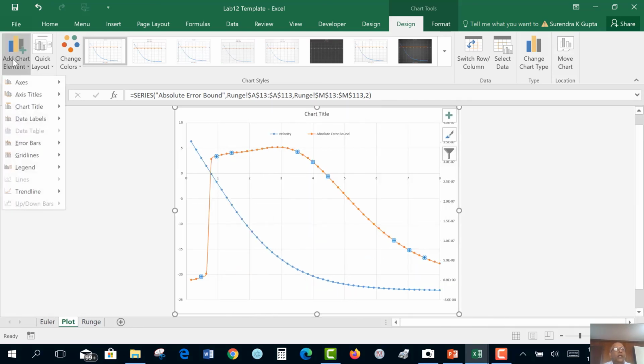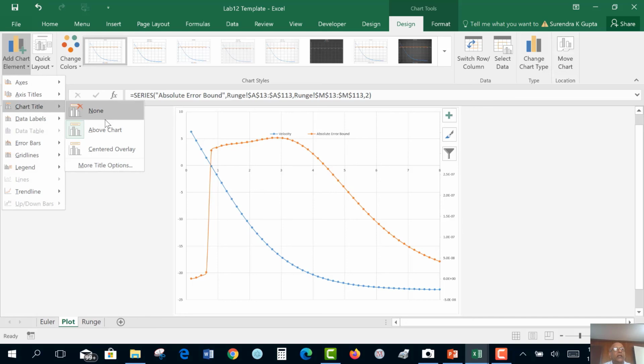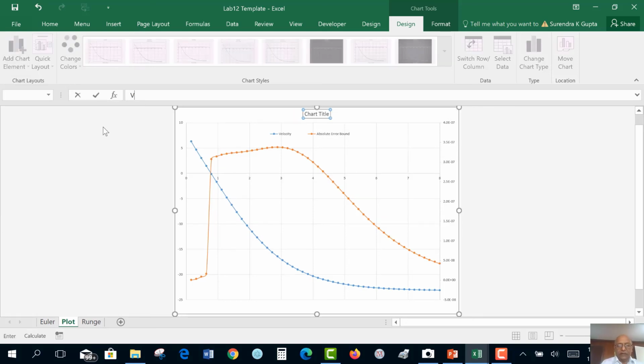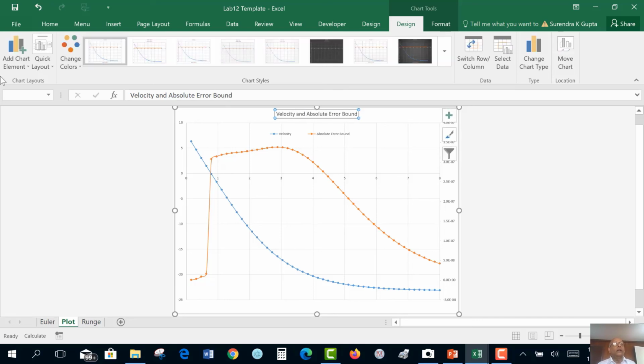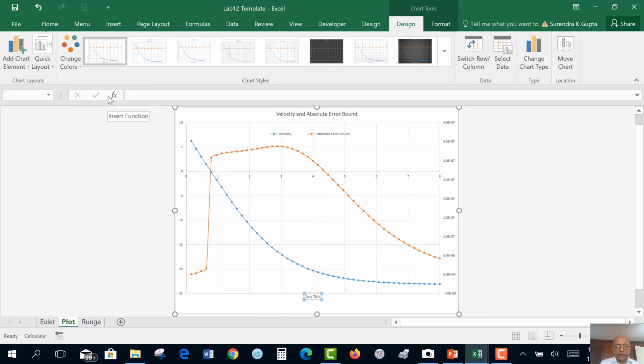Let's do our usual elements. Chart title, velocity, and absolute error bound. Horizontal, time in second.